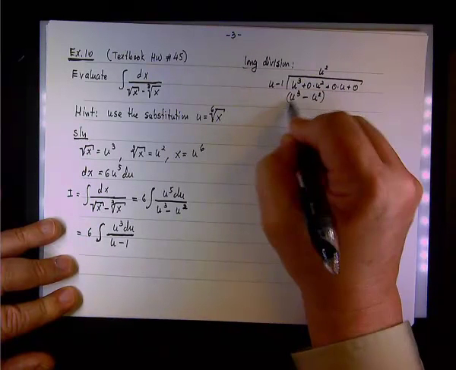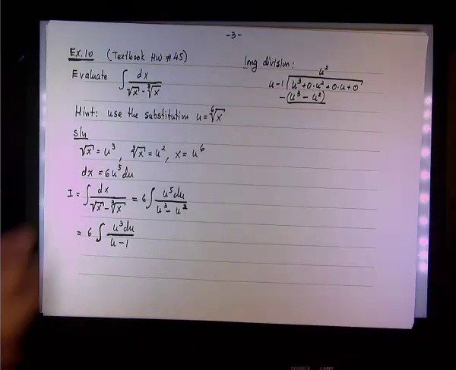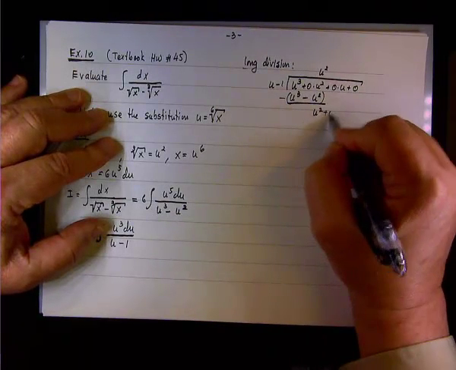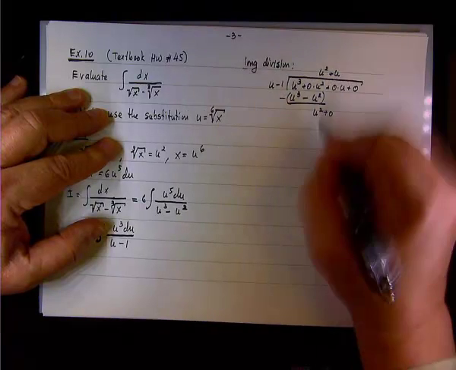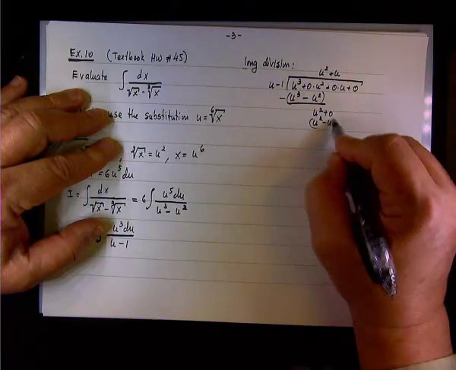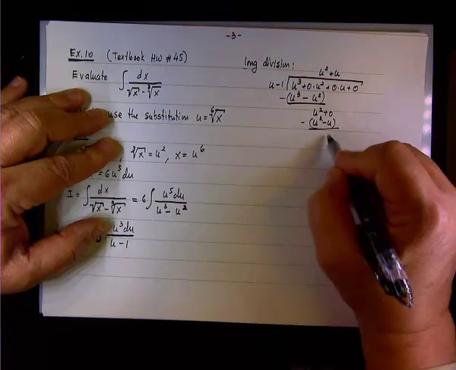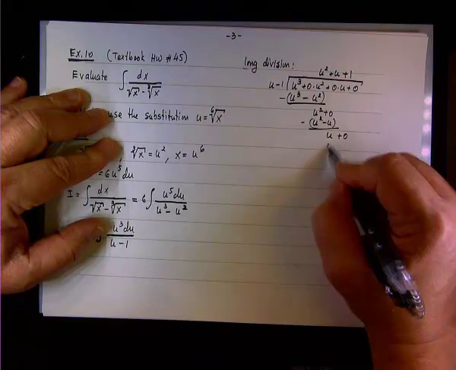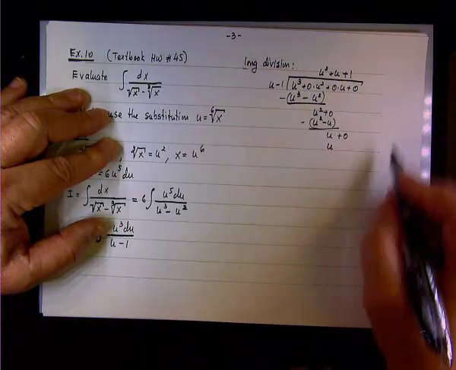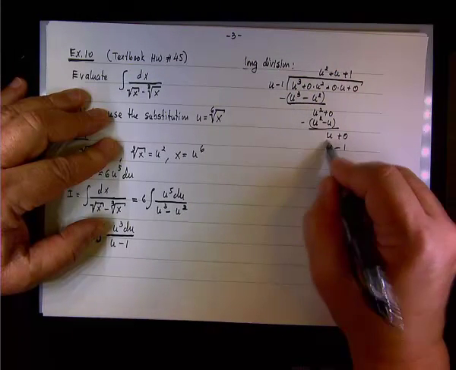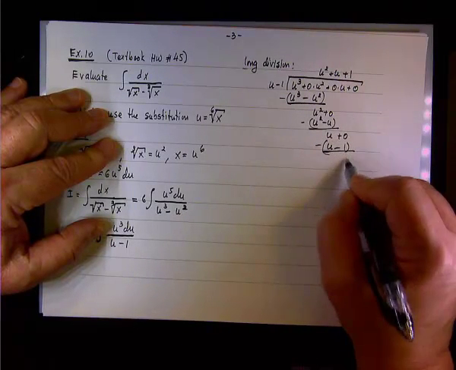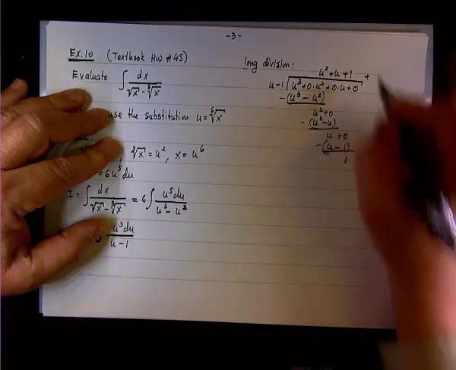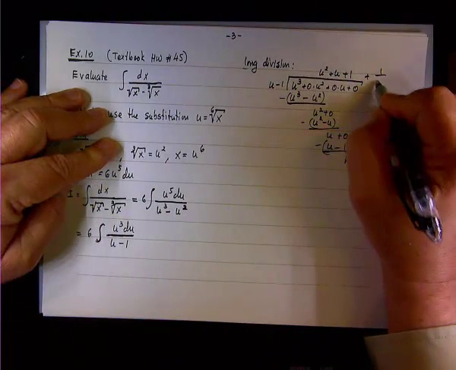So we multiply by u squared to get u cubed minus u squared, and then we subtract. And now you see why I put the zeros in their place value. So this becomes u squared, multiplied by u to get u squared minus u. This is equal to u, and multiply, have 1 here, and eventually you have u minus 1, and the remainder is 1.